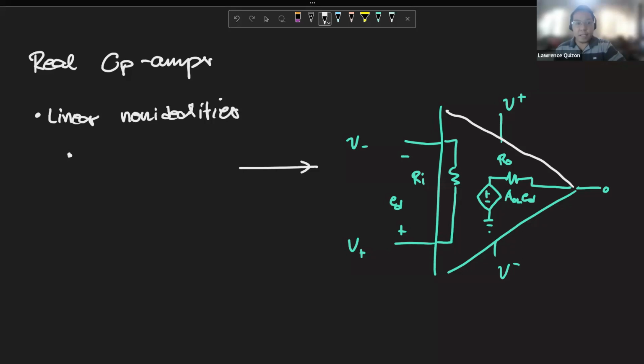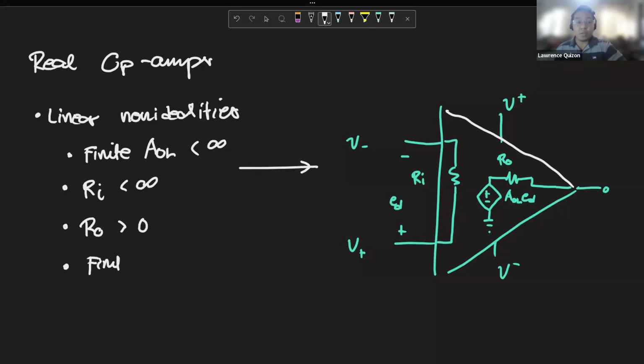So we have the finite open loop gain, so this is less than infinity. We also have the finite input resistance, so yung Rin na nakita natin is now not an open circuit, so it's not infinity. R out is also greater than 0, so this is not a short circuit. And that's your linear non-idealities, including a fourth one, which is that finite yung bandwidth natin.